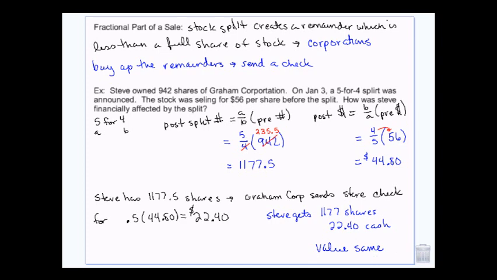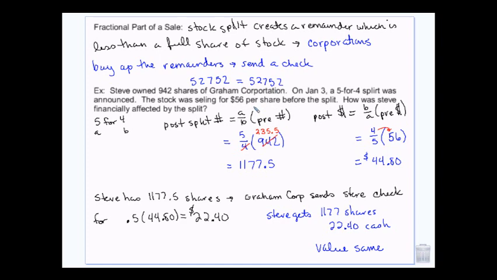Okay. If you look at his pre-split value, he had 942 shares times $56. That was $52,752. After the split, he has 1,177 times 44.80 plus 22.40, and it's the same.